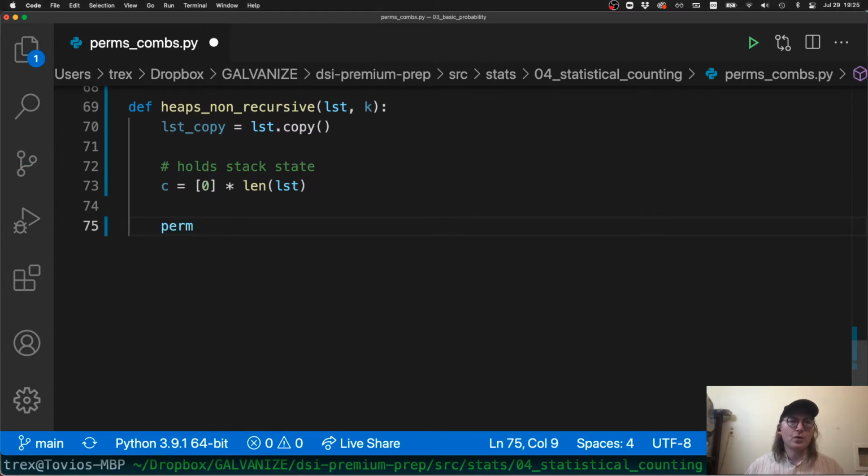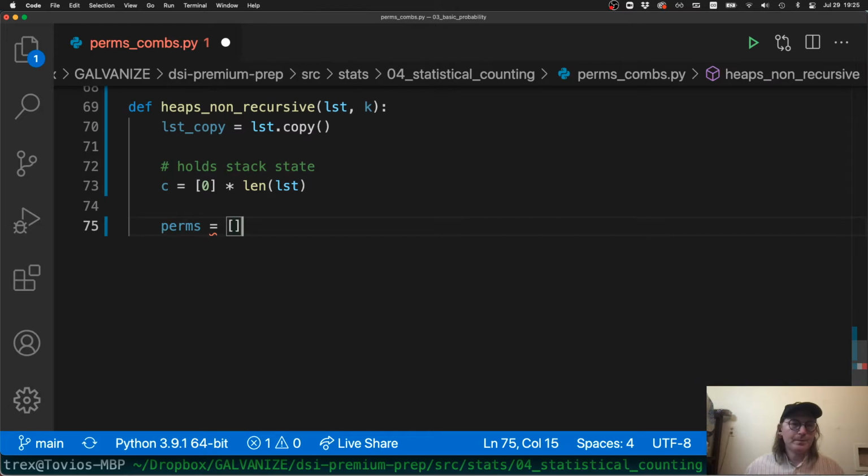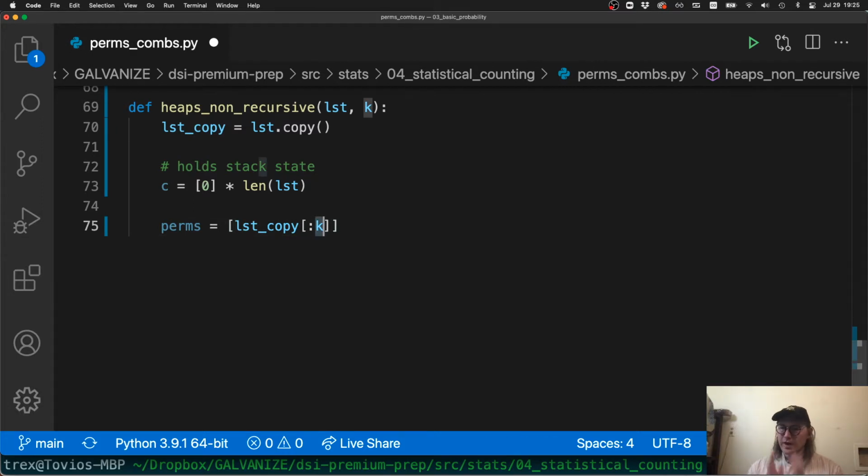So essentially, this is just a kind of record keeper. It's a little real-time record keeper as this thing goes. So I'm also going to collect our permutations. And I'm going to start off with the first permutation we know, which is going to be the list copy up to the kth element. So k, we're using that to just slice. If there's 5 items, this is going to include all 5 of them, if k is 5.